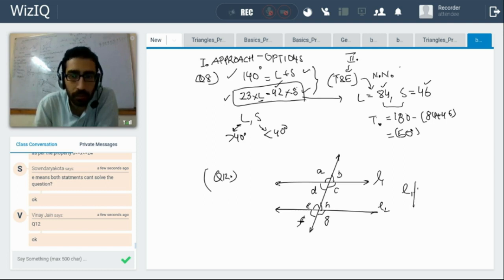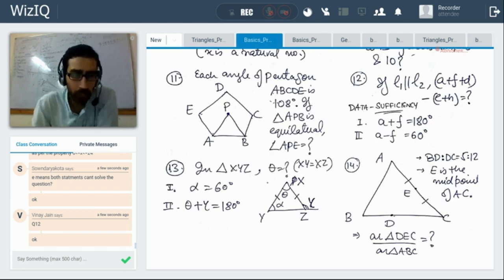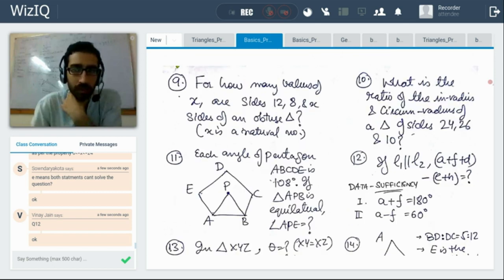L1 is parallel to L2. This is what the essence of question 12 is. Please take a snapshot of this if you want, and you can save it with you. It's L1 parallel to L2, in a sort of circular or semicircular manner in A, B, C, D, and then E, F, G, H. And of course, the question remains. This question, do try this. It's a decent question, not the most challenging, but I guess it's doable.